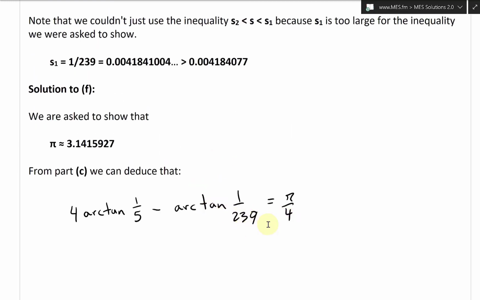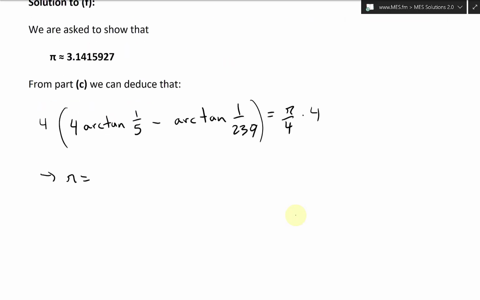And going back here, since we're asked to solve for pi, we can just multiply everything by 4, and we're going to get pi is equal to 16 arctan 1 over 5 minus 4 arctan 1 over 239.